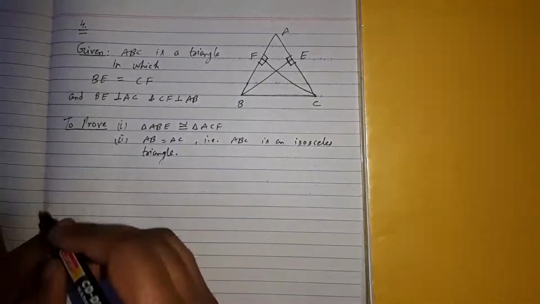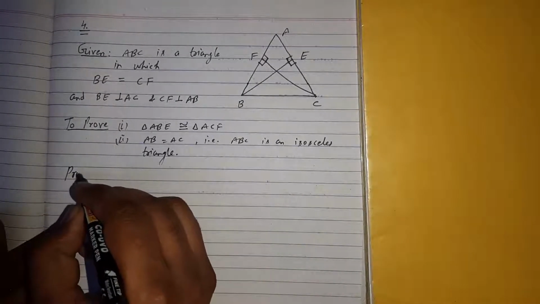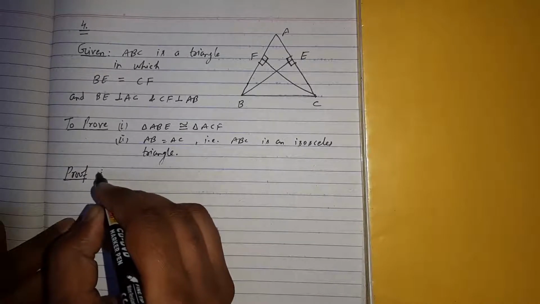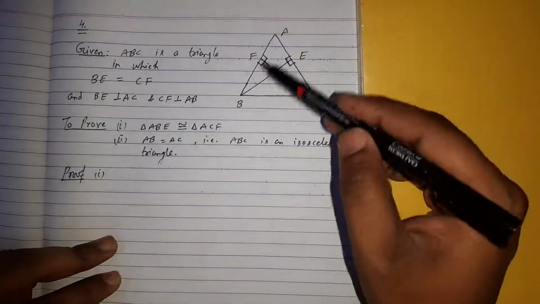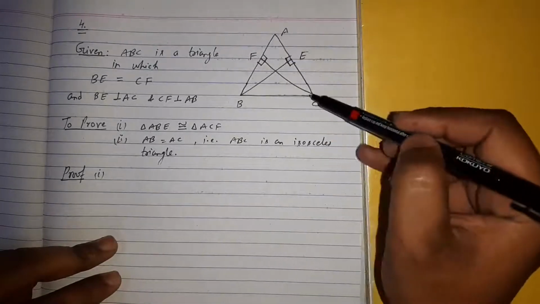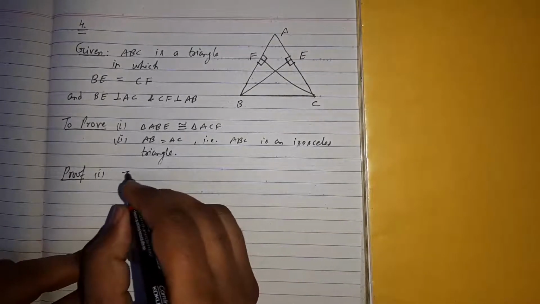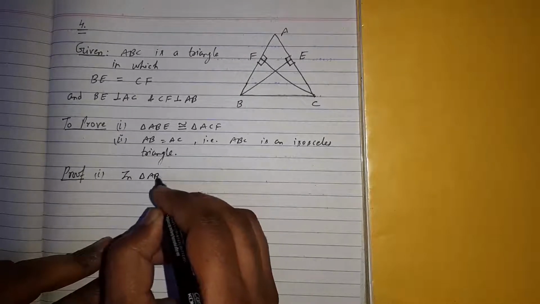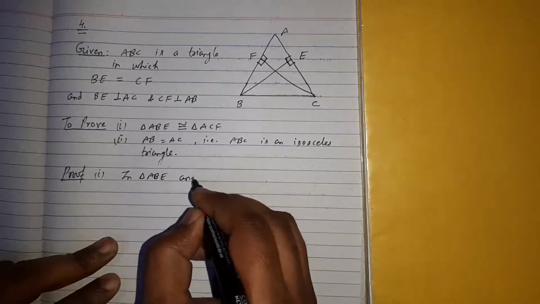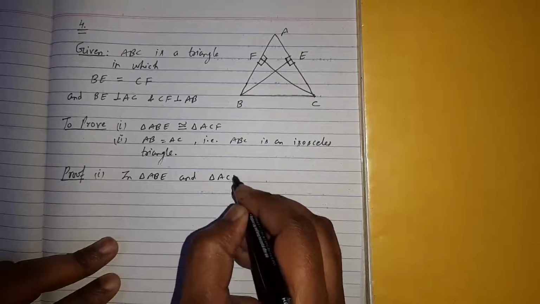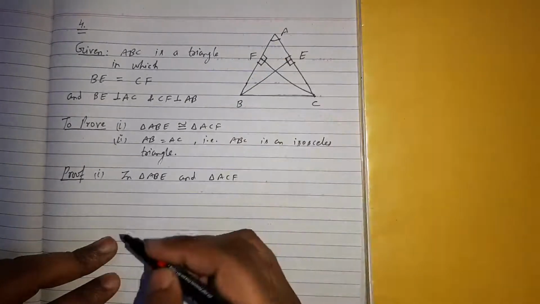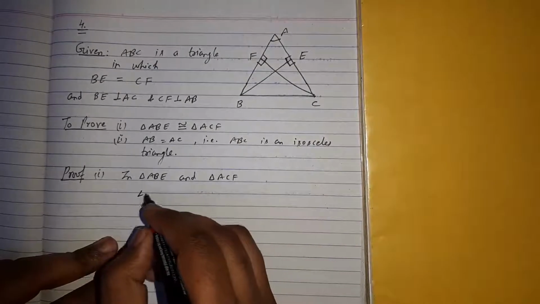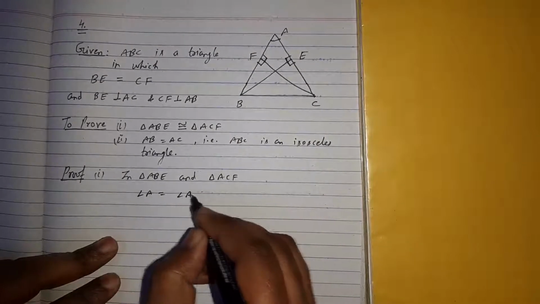Now proof, the first part. See the triangle ABE and triangle ACF. In triangle ABE and triangle ACF, angle A is equal to angle A, common angle.